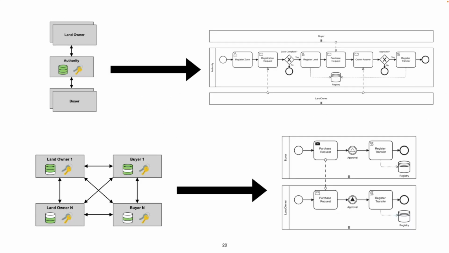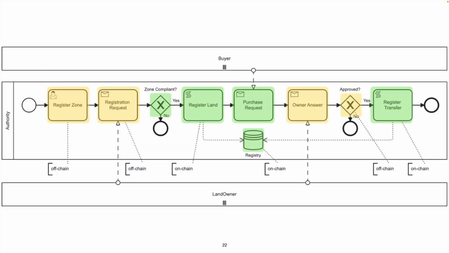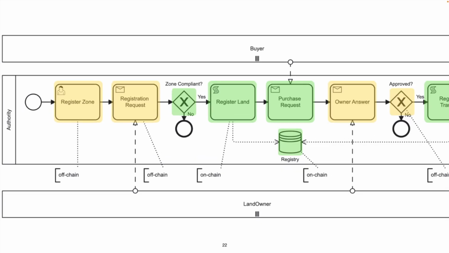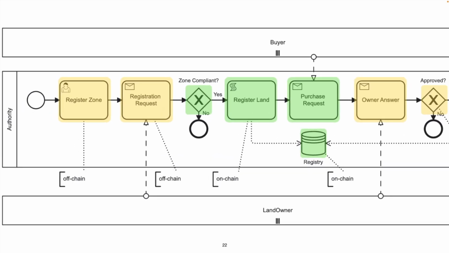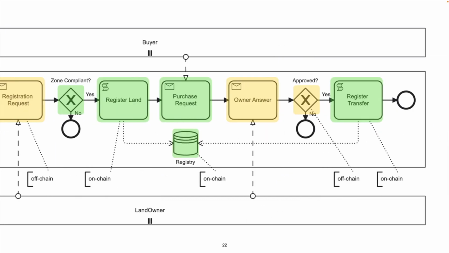So we have seen the two architectures and how they map to their business processes. But how does the blockchain architecture match the business process? We can annotate the business process like this. We can use colors, annotations, comments on the process itself, but that's visually not beautiful and not easy for the eye to catch.